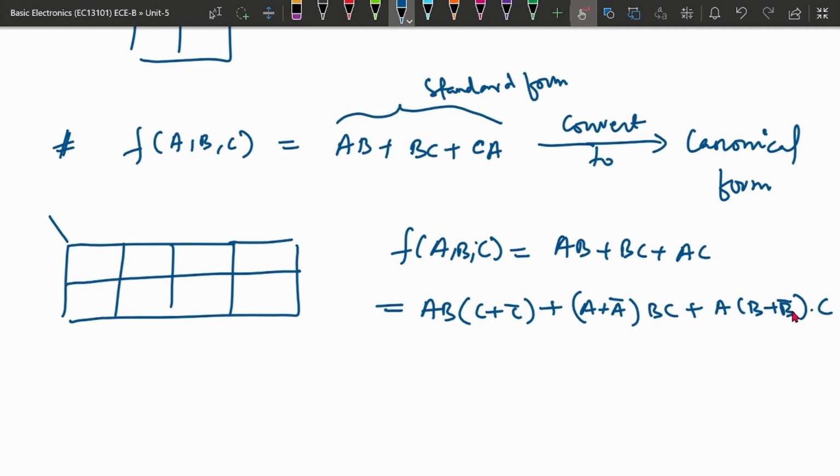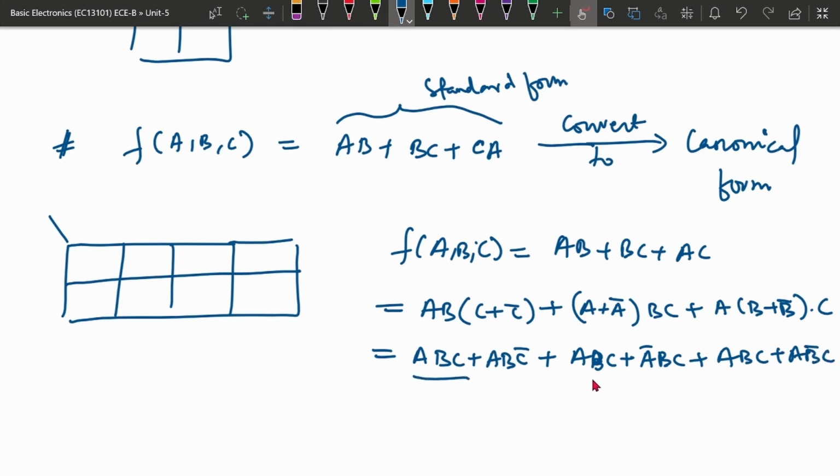Now we expand it, so it will become ABC plus ABC bar plus ABC plus A bar BC plus ABC plus AB bar C. Now we can see ABC appears 3 times, so we write it once: ABC, ABC bar, A bar BC, AB bar C. There is no further repetition.